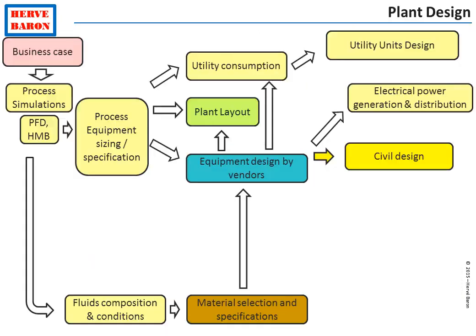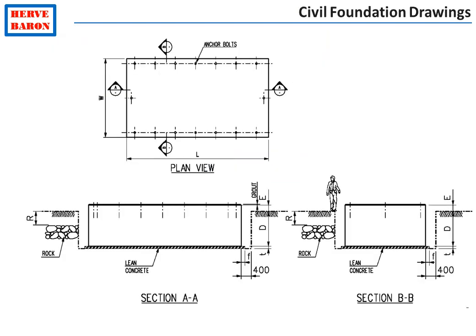Information from vendors is also required to design the civil works, in particular the equipment foundations, because vendors will advise the load and the size, the footprint of their equipment, so that they can design the proper foundation.